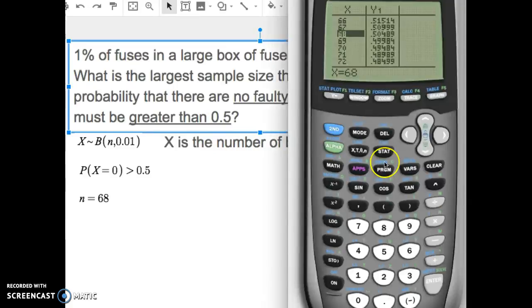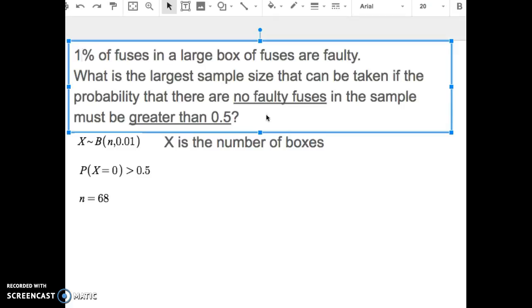I would not want to let them open up 69 boxes or onwards, because once they open up 68 boxes, that's the last box they can open, and yet my probability is going to be more than 0.5. So please always try to bring it back to the context, because it gives meaning to what you have found. Otherwise, they are just numbers flying around, numbers that you are punching into the calculator.